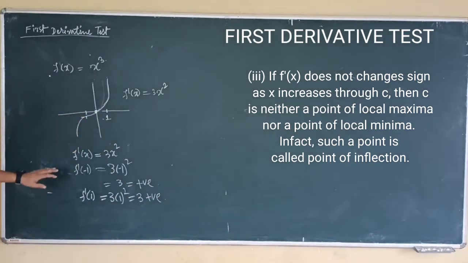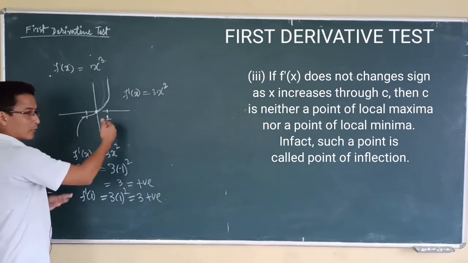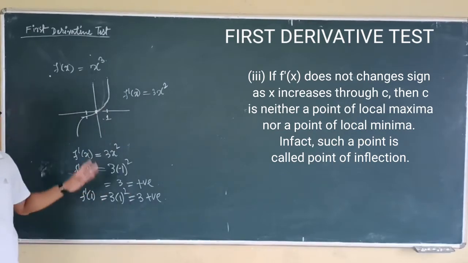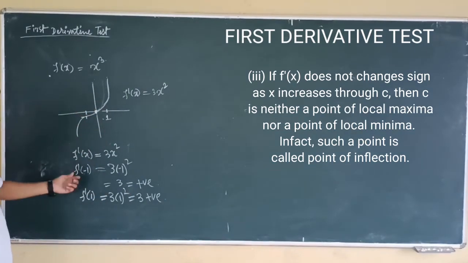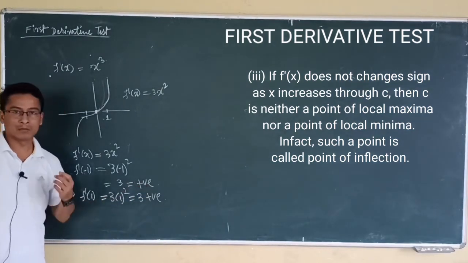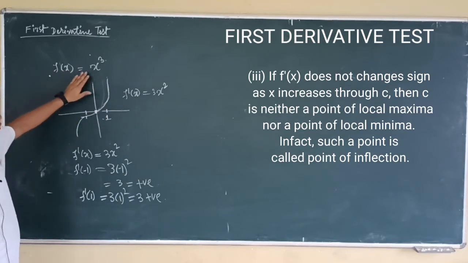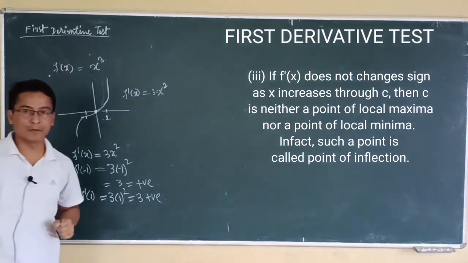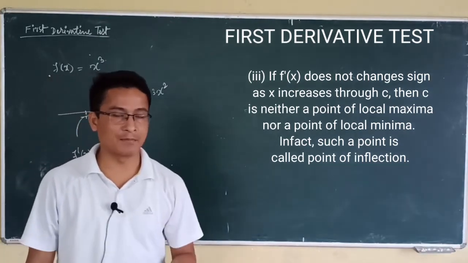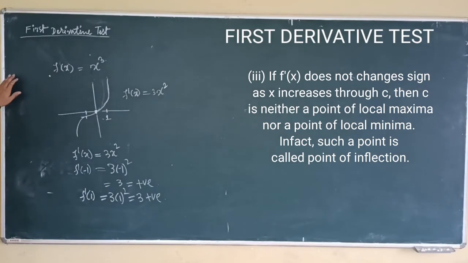In both cases I take one value from the left hand side and one from the right hand side of the critical point, and the sign does not change; both are positive. So for f of x equal to x cube, there is neither a maximum value nor a minimum value. This type we call point of inflection.